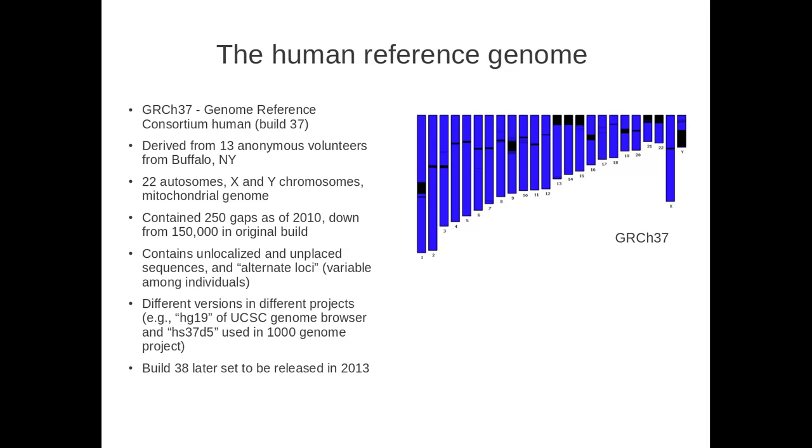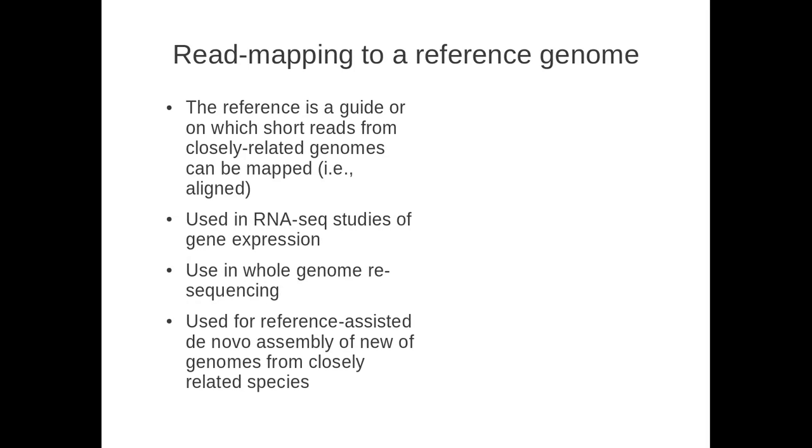UCSC, the University of California, Santa Cruz, has the genome browser, and they have their own version of GRCh37, as does the 1000 Genomes Project, the first really large-scale sequencing project of many human genomes. We'll be talking about the 1000 Genomes Project throughout the class, and hopefully we'll even get to analyze a little bit of their data. Later this summer, we anticipate that Build 38 will finally be out.